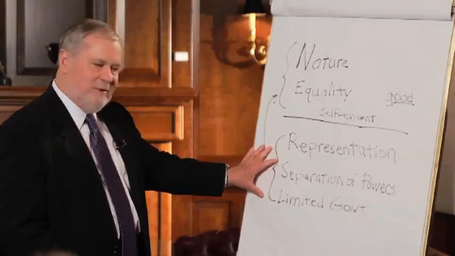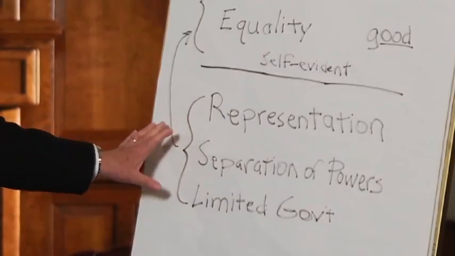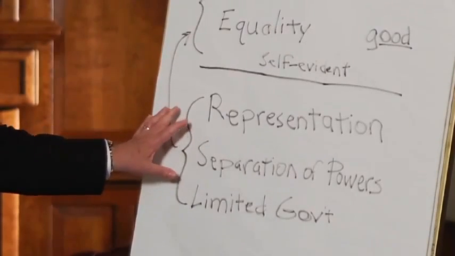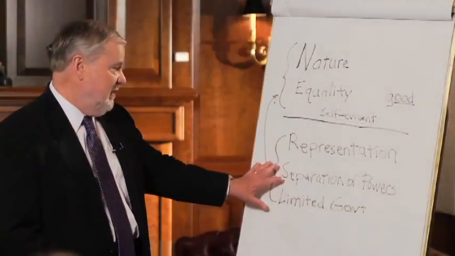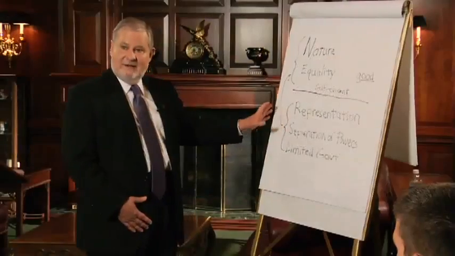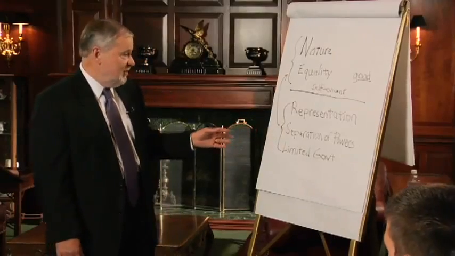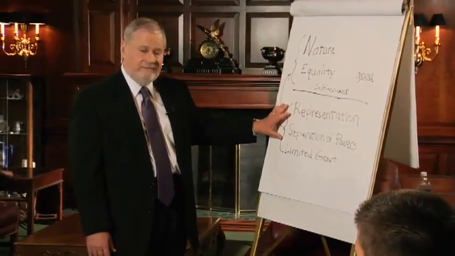These are arrangements of government. And these, I argue, are the key arrangements underlying the Constitution of the United States. It's obvious, by the way, that they underlie the Constitution. And what we're going to spend more time talking about in other lectures is why they do that.